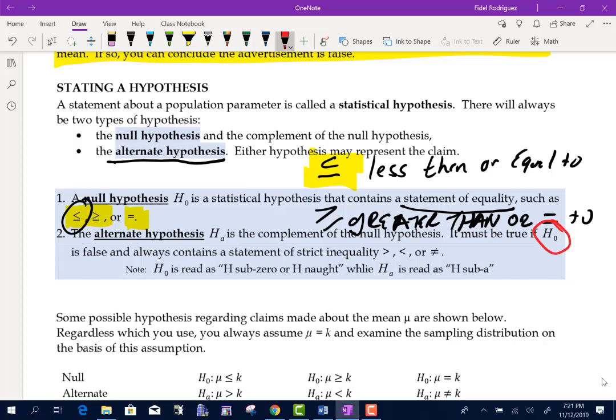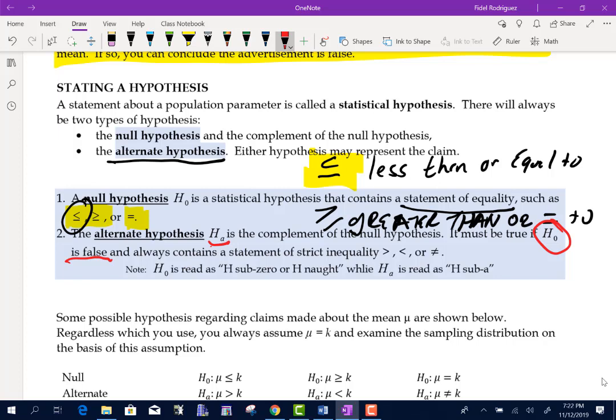A lot of times the way this symbol is read, like in a video that comes with MyMathLab, they're going to read it as H naught. I'm going to call it H0 because it looks like a zero to me. So HA, the alternate hypothesis, is the complement of the null, and the alternate is going to be true if the null hypothesis is false.